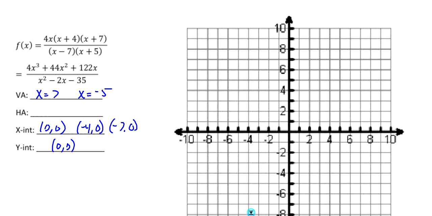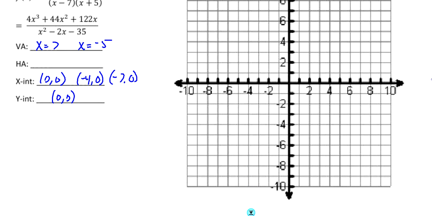Now, our long division: x squared minus 2x minus 35, and underneath is our 4x cubed plus 44x squared plus 122x plus 0, putting in that last term.